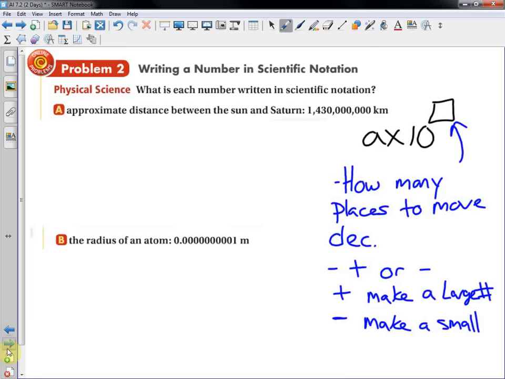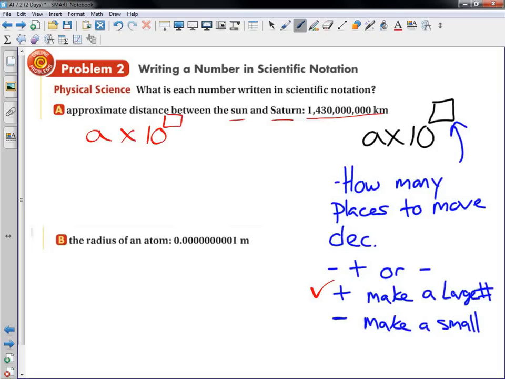All right, so we have the approximate distance between the Sun and Saturn. Ooh, between the Sun and Saturn. That is a large number. Large number tells me I'm going to be using a positive exponent. So what we're going to do here is, I'll go ahead and write, we have A times 10 to some power.